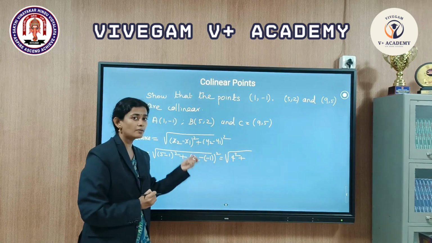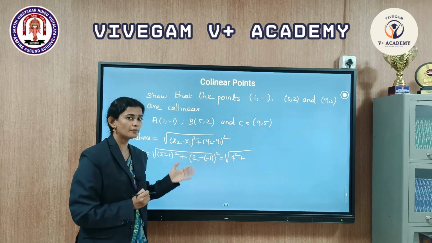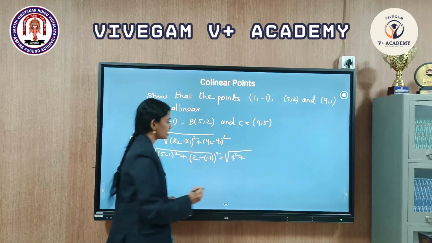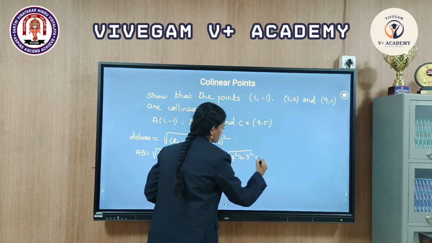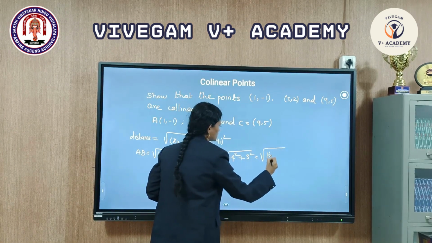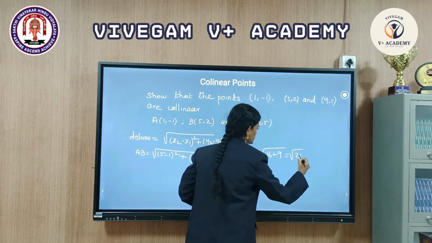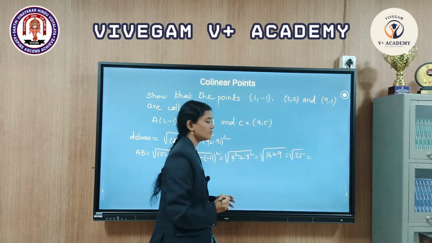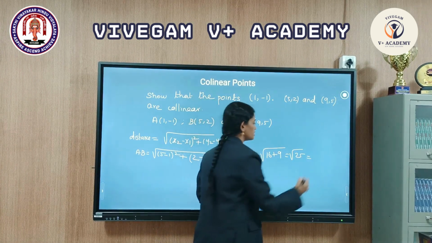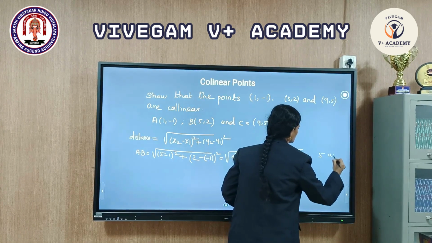So you know that very well, minus of minus will become plus. So 2 plus 1, 3 squared. So 4 squared 16, 3 squared 9. So root of 25. We know that very well, 25 is a perfect square. So the answer is 5 units.